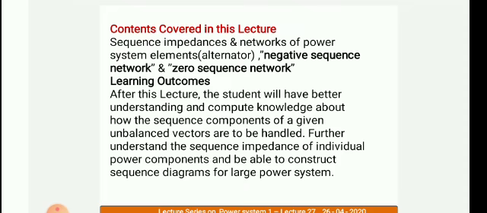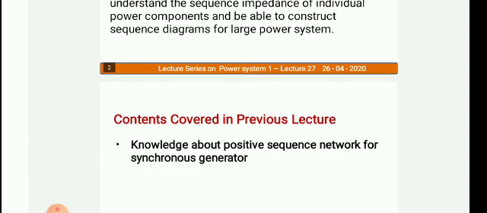So one impedance diagram or a reactance diagram can be broken down into positive sequence, negative sequence, zero sequence for each component. Mind it, for each component which I say, that means it is for a synchronous motor, for a synchronous generator, for a three phase transformer or a bank of three single phase transformer or a transmission line.